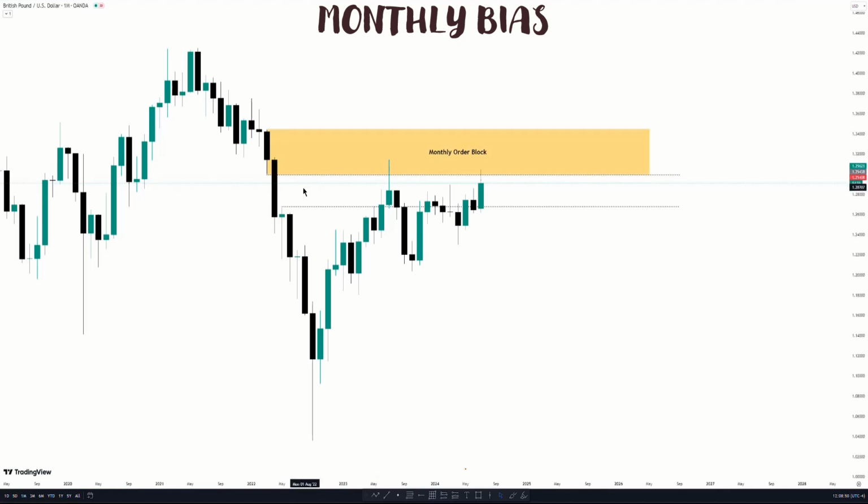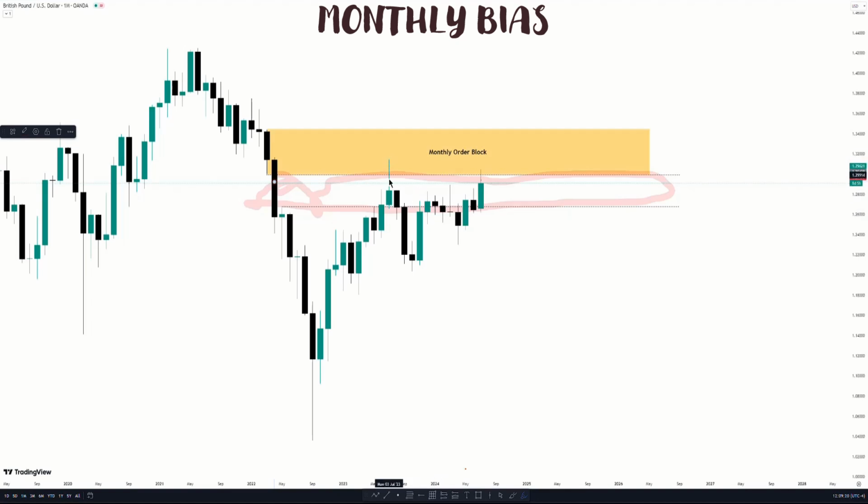That's a fair value gap. You can see here, let me just highlight this space right here. Okay, so all that's a fair value gap. Since you are on the monthly time frame, you can see this candle here.